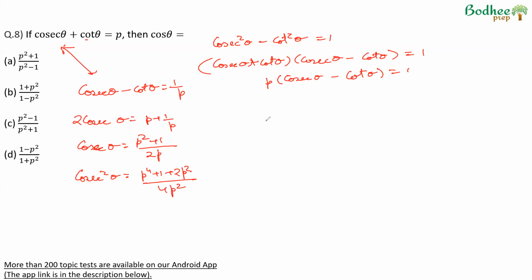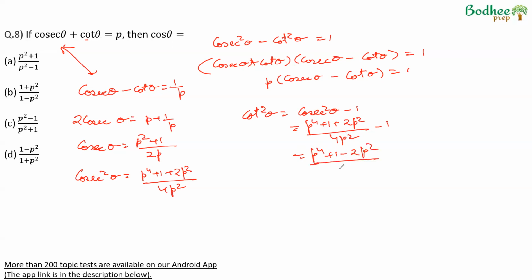Putting this value here, we can say cot square theta is nothing but cosec square theta minus 1, or (P raised to power 4 plus 1 plus 2P square) upon 4P square minus 1.